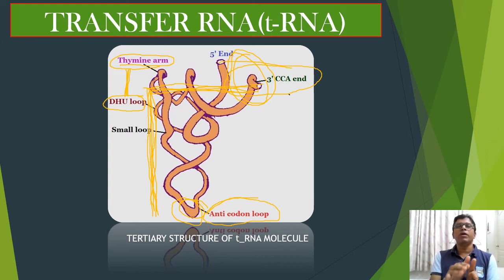Due to twisting of the thymine arm and acceptor arm, the T-Psi arm and the DHU arm come closer, and the anticodon arm becomes the tip of one arm of the L-shaped structure, and the acceptor end becomes the tip of the other arm. The tertiary structure is the functional one, which is very important for their function.